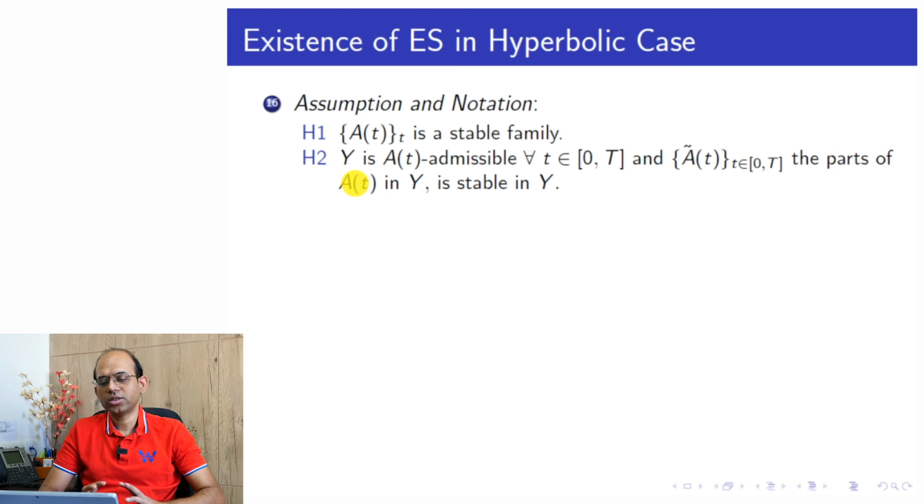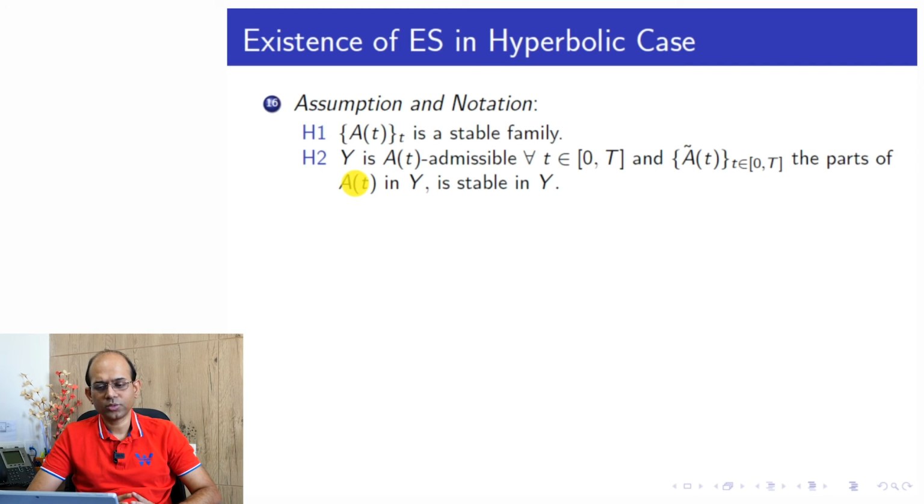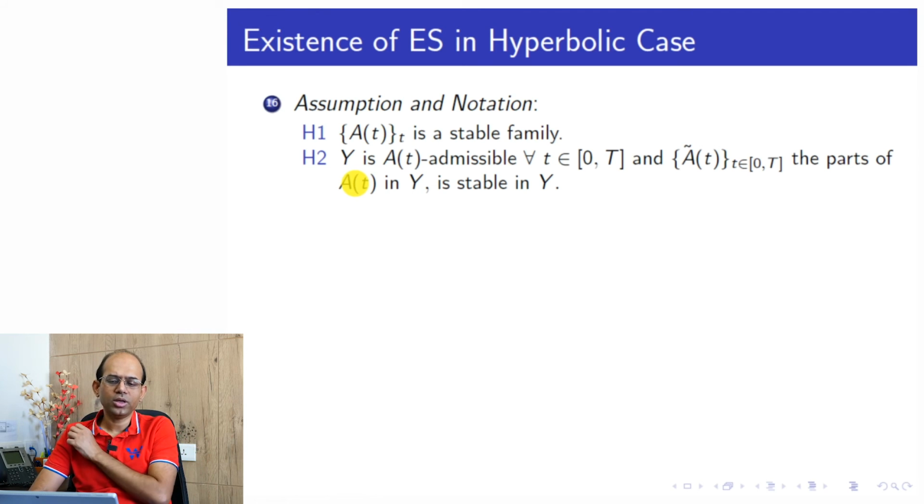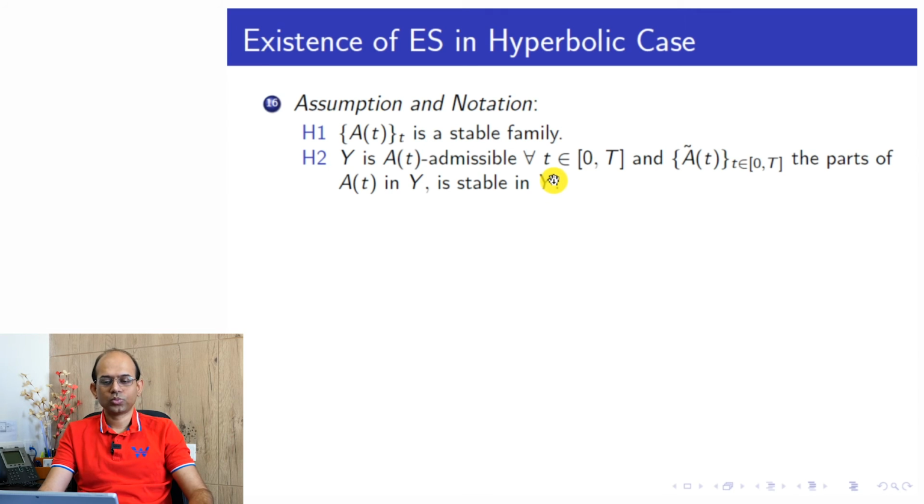H2 is that Y is A(t)-admissible for all t. So we assume that Y is this, and A tilde(t), which is the part of A in Y, is a stable family.